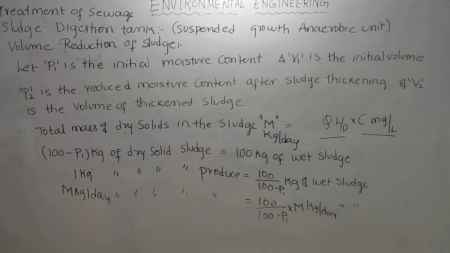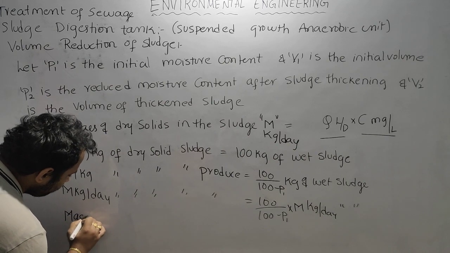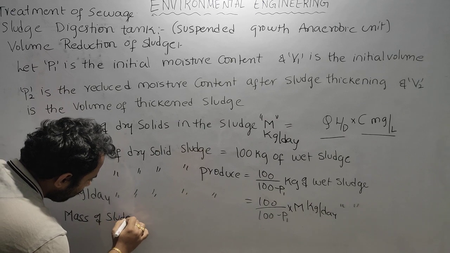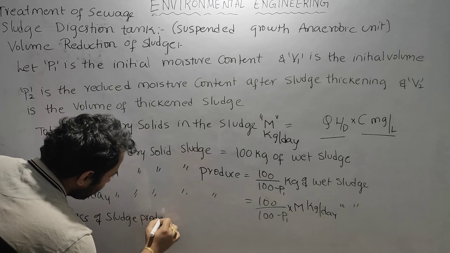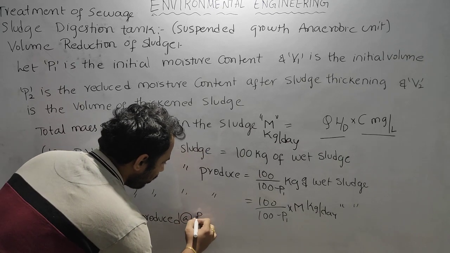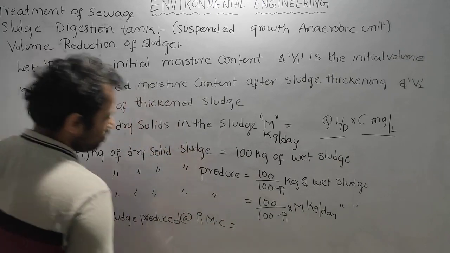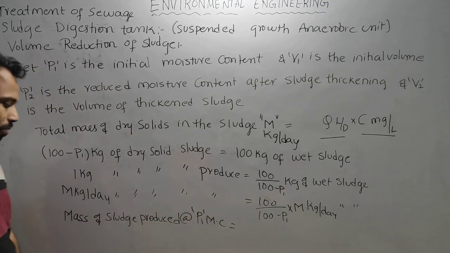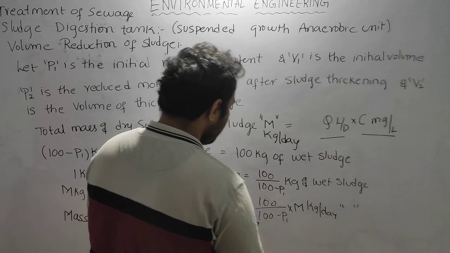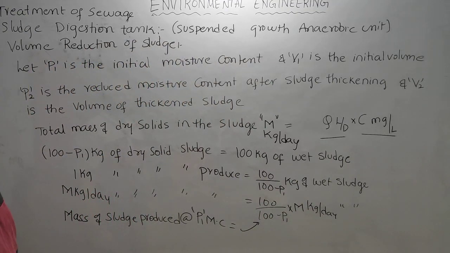So the mass of sludge produced at P1 moisture content is equal to 100 by 100 minus P1 into m kg per day, where m is the mass of the dry solids that are produced per day.